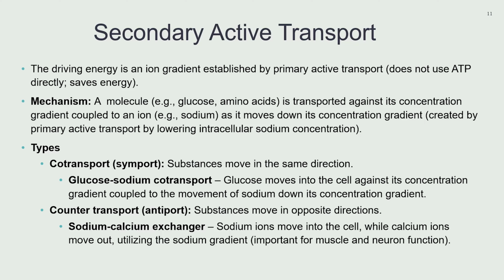You can take, for example, glucose or amino acids, and transport them against their concentration gradient. Typically, this transport has to be coupled to the transport of sodium. But sodium is going to move following its concentration gradient that was created by the sodium-potassium pump.